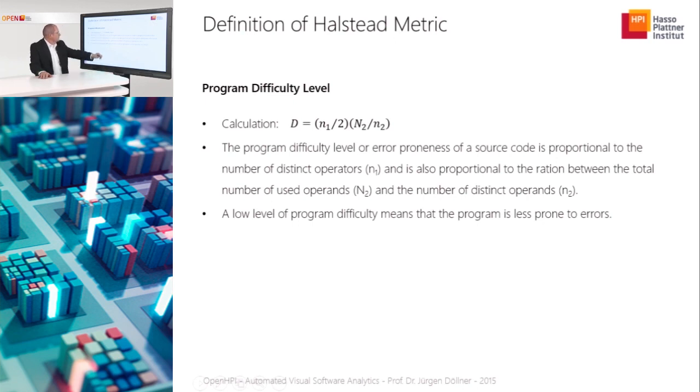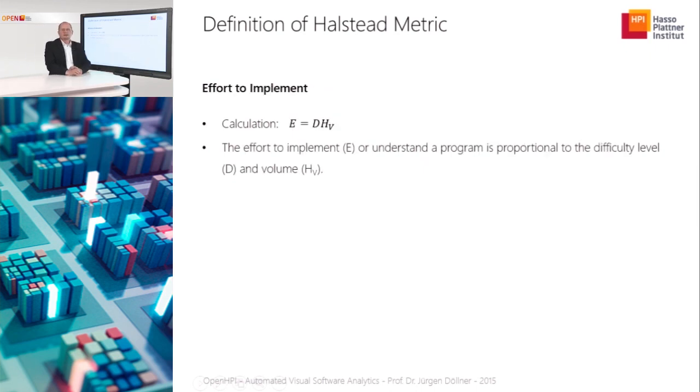So this is why the program difficulty level is computed this way, as a weighted product of distinct operators, used operands, and distinct operands. For example, a low level of program difficulty means that the program is less prone to errors.